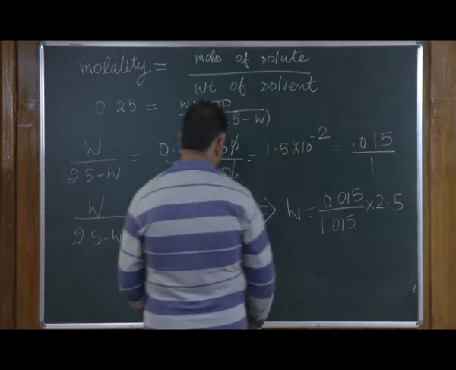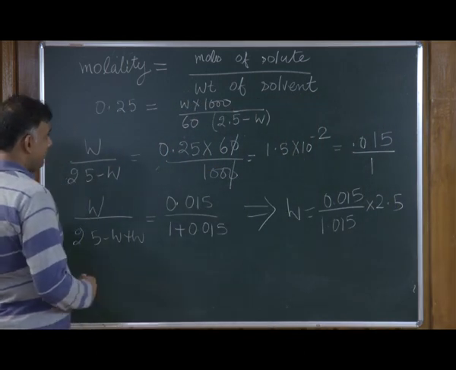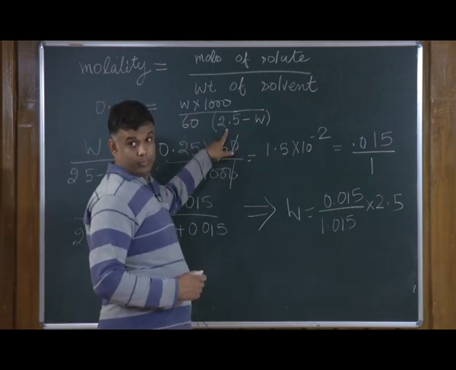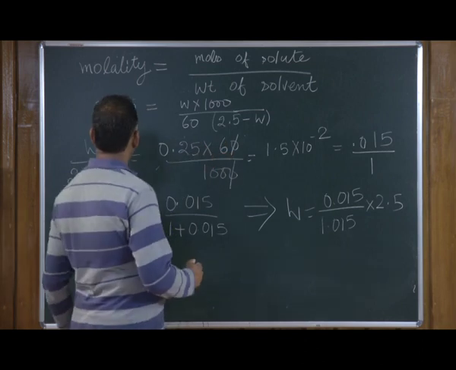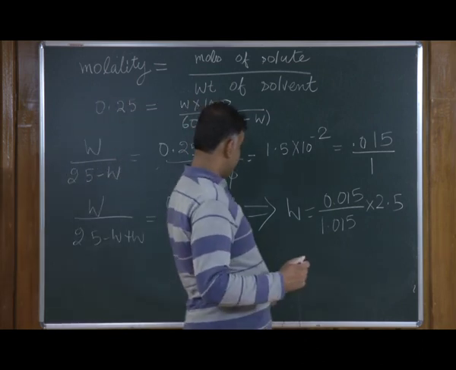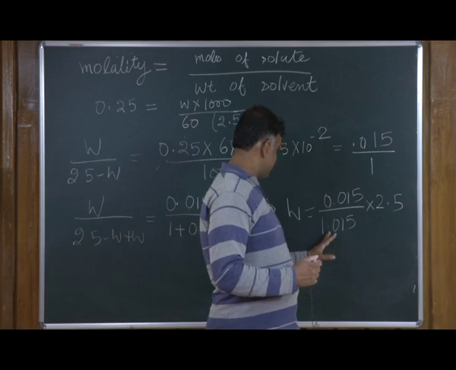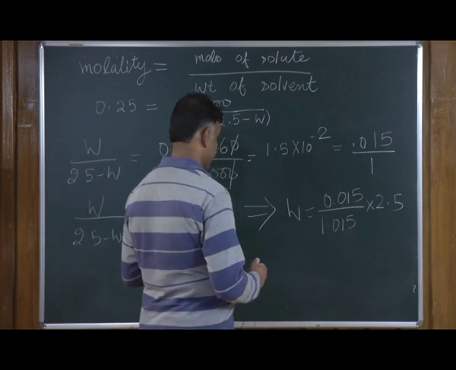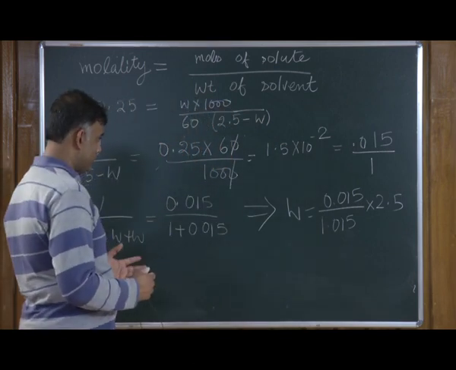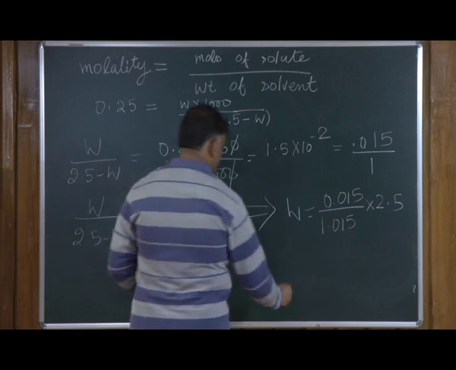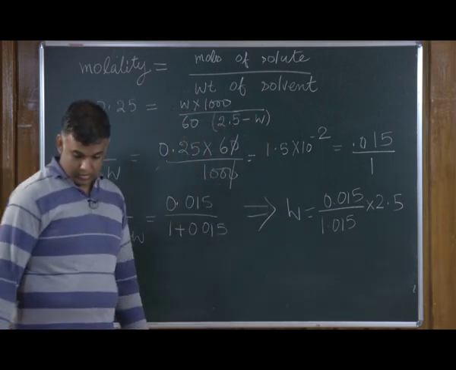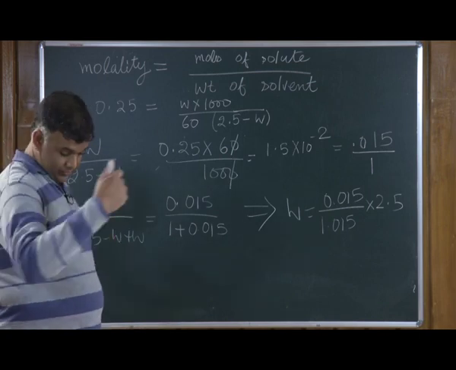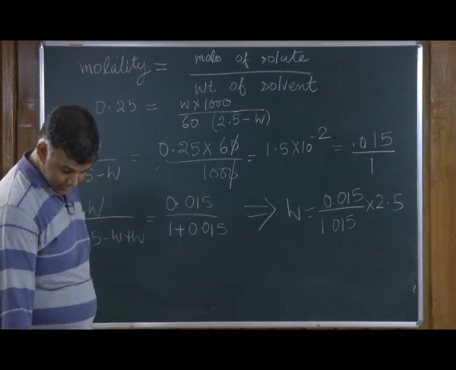At the beginning itself we could have neglected W with respect to 2.5. That means neglecting this 0.015 with respect to 1. That would have been an acceptable solution, but anyway we can complete it without bothering about that. Otherwise, if we do the problem by making that approximation, we always have to check it later, as we will see later on.